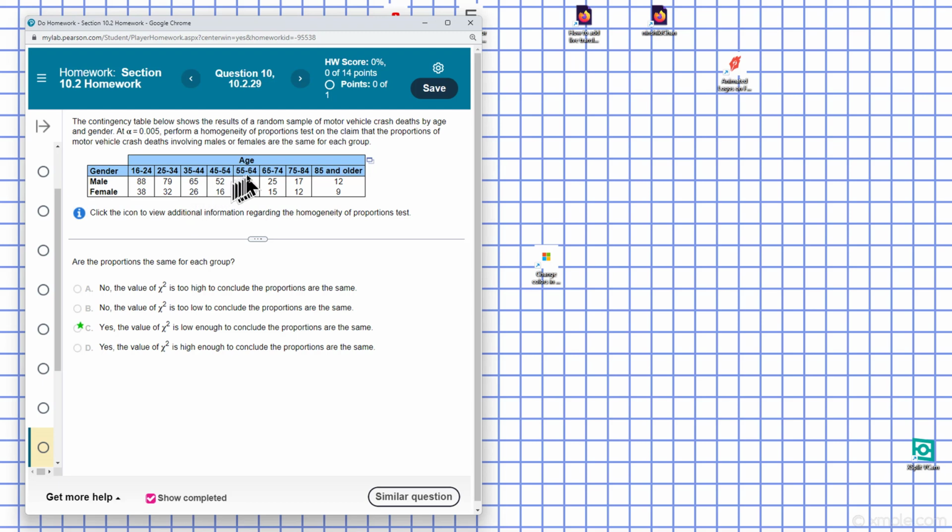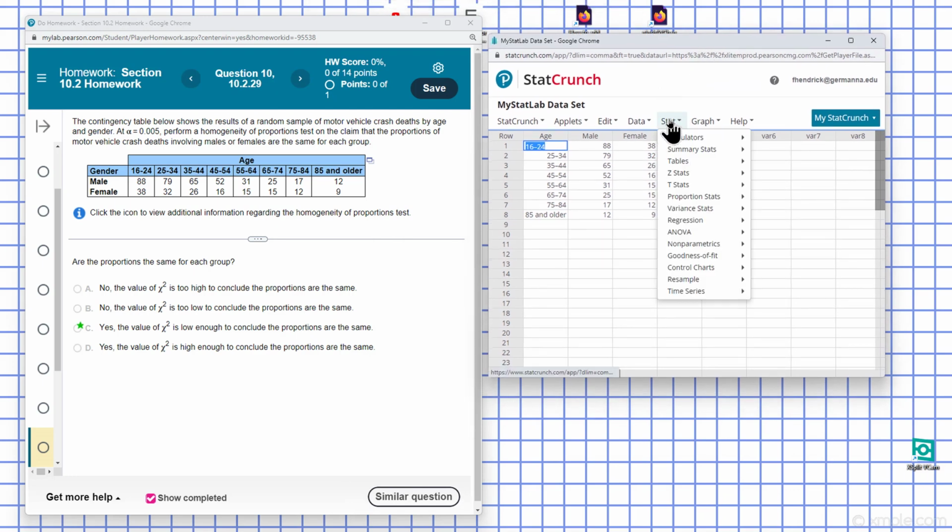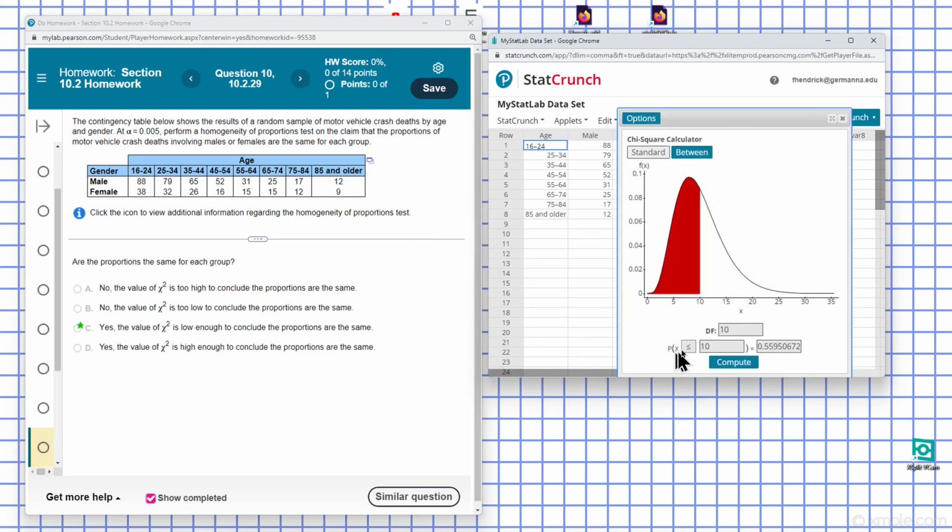So let's take a look at finding the critical value here first. For this one, we're interested in what's going on from the right. Degrees of freedom is going to be rows minus 1 times columns minus 1.